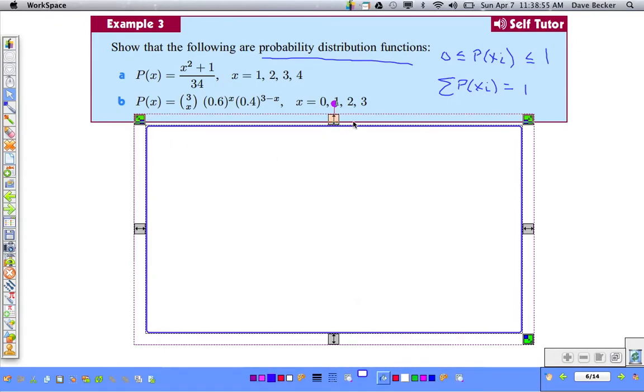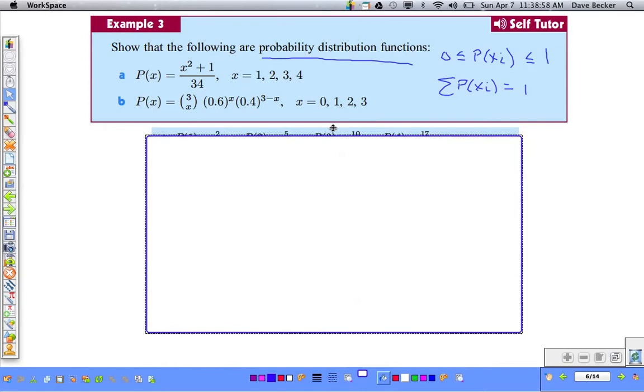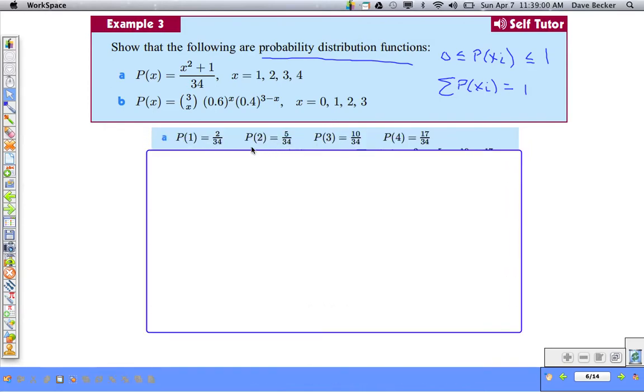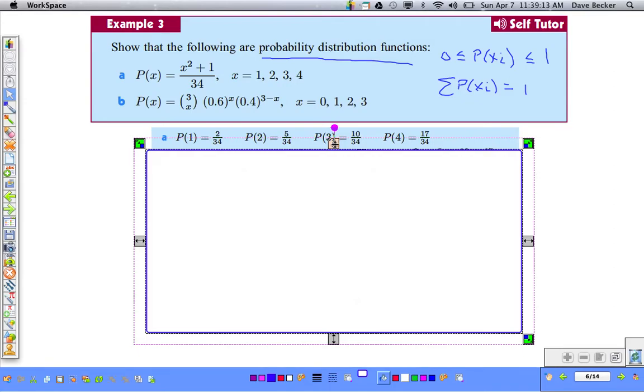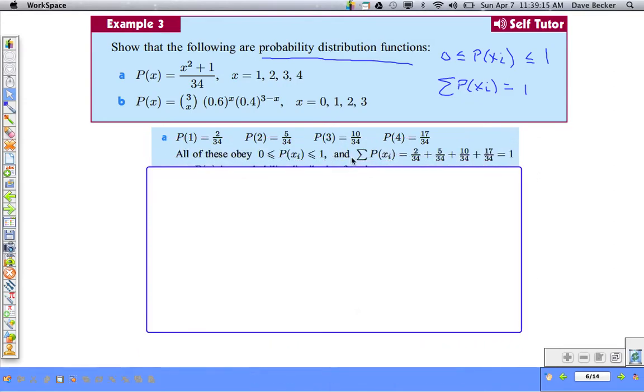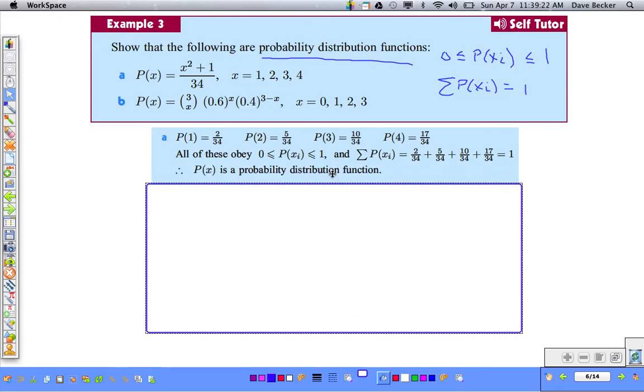So what does that look like? If we do each one of those, the probability of 1 is 2 over 34, 2 is 5 over 34, and on down the line. Are they between 0 and 1? They certainly are. None of them is less than 0, and none of them is greater than 1. And do they add up to 1? Yes, they do. If I add each one of those, they add up to 1. And lo and behold, we have proven that p of x is a probability distribution function.